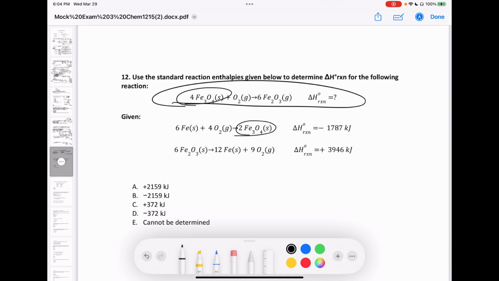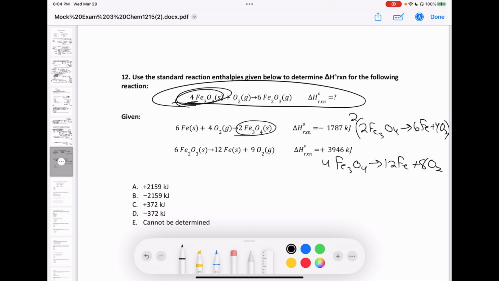So we can flip this to be 2Fe3O4 creates 6Fe plus 4O2. But looking back at the goal equation, we want 4 moles of this, so we multiply both sides by 2, and that gives us 4Fe3O4 creates 12Fe plus 8O2. So we've got the Fe3O4 down.